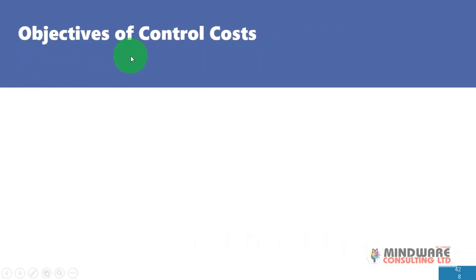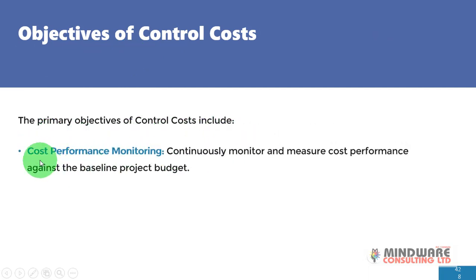Now, what are the objectives of the control cost process? The primary objectives of control costs include cost performance monitoring. This involves continuously monitoring and measuring cost performance against the baseline project budget.